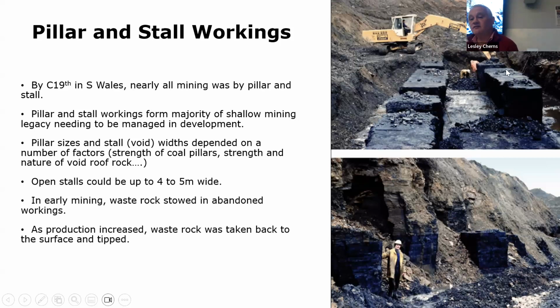But also the roof rock. If you had a massive sandstone immediately above the coal seam, that would act as a concrete slab and would span quite a large distance. So there you might have stalls 4 to 5 meters wide. Generally, in my experience, they tend to be 2 meters, 3 meters at most.